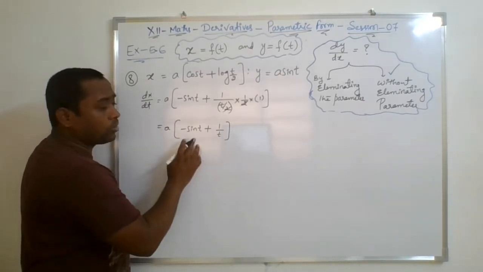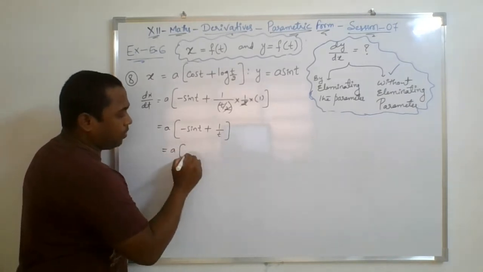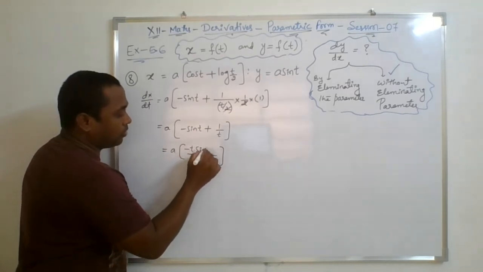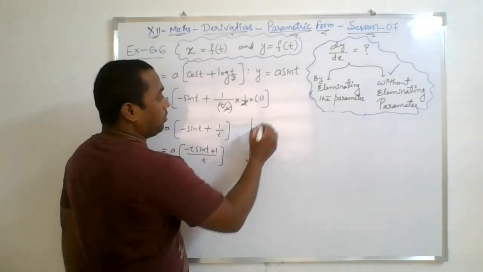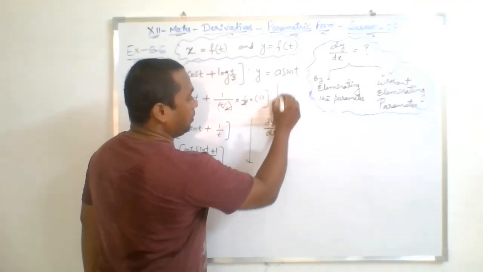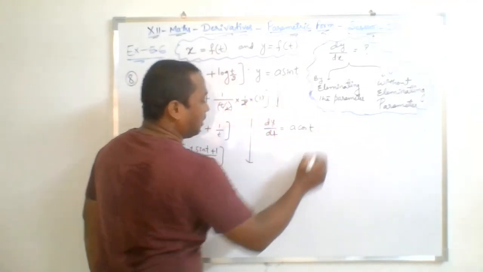You may also take the LCM to get a simplified one. By taking LCM, you get minus t times sin t plus 1, over t. And dy by dt is simply a cos t.